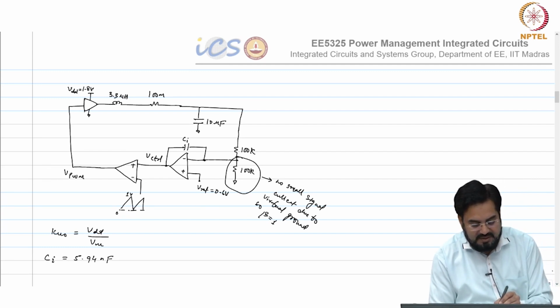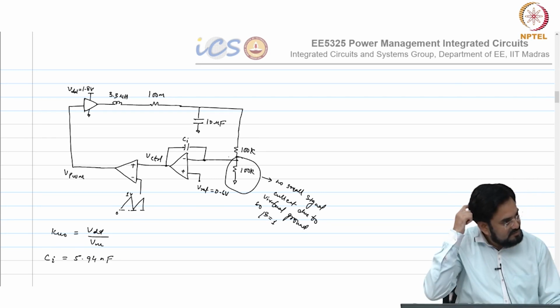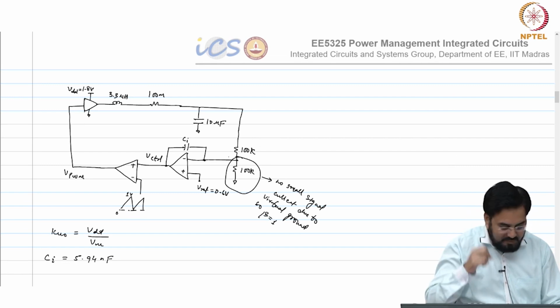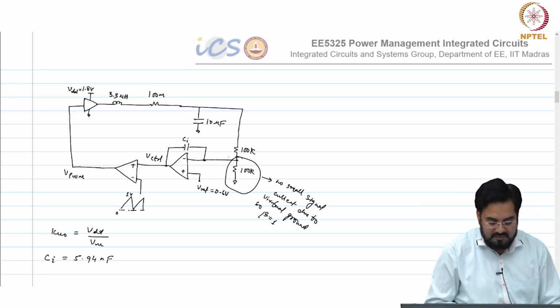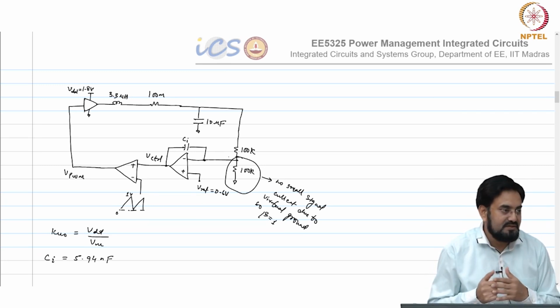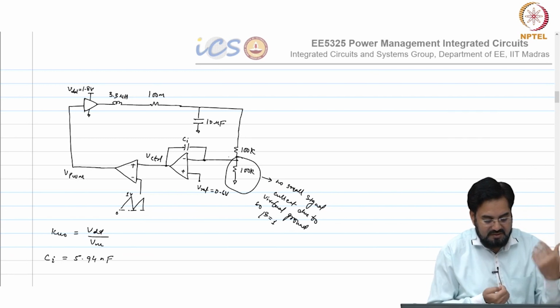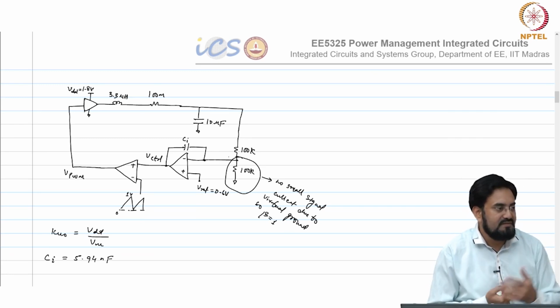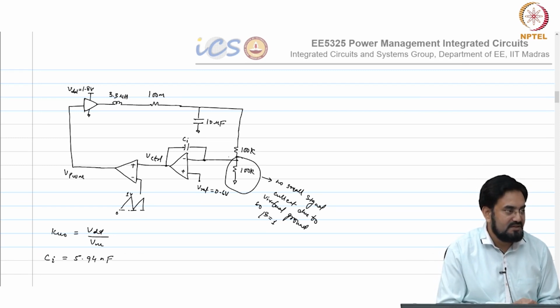So, which means this input impedance will be very high, so it can pick up any noise very easily. You have to be a bit careful when you make any node very high impedance, in terms of noise. Even the layout and all of that, we have to do very carefully, because this is very sensitive, and any noise will get injected directly into your PWM, and it will get reflected on your output, especially if it is a low frequency noise, okay.